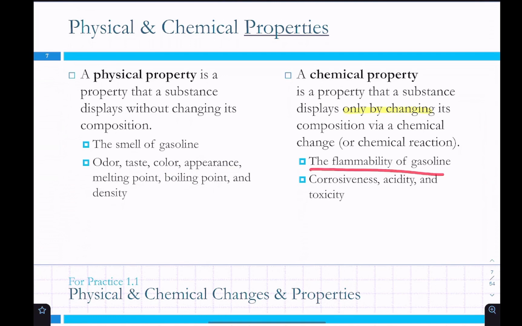So the flammability of gasoline: you can only show that gasoline is flammable by burning it. Corrosiveness, acidity, and toxicity are other ones. Corrosiveness is how readily it reacts with other substances to essentially destroy them. Acidity is the proton concentration, and toxicity being, well, how it reacts with a living thing.